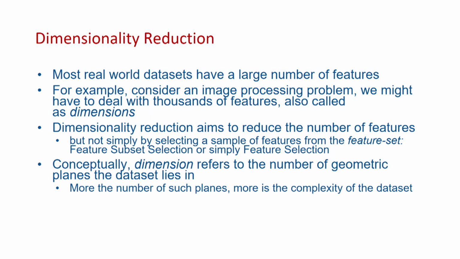As we know, when we talk about a data set, you can represent each feature with one dimension, so if there are 3 features in your data set, it is called a 3-dimensional data set. If there are 5 features in your data set, it is called a 5-dimensional data set. We represent each dimension as a plane when we represent our data set in geometric planes.